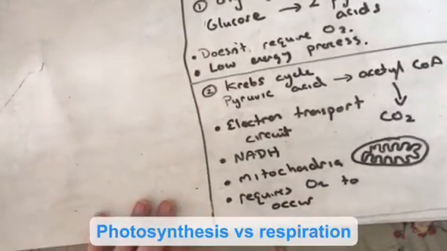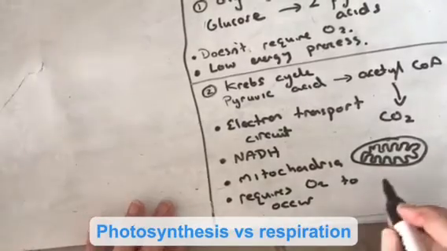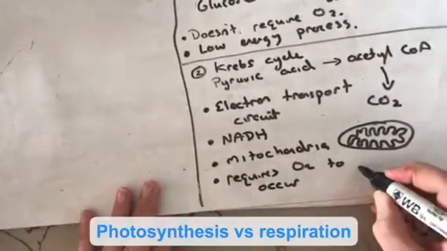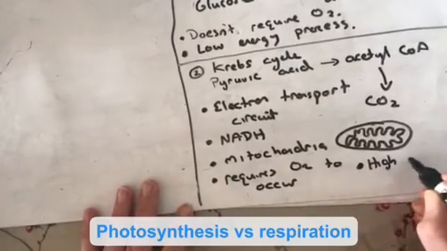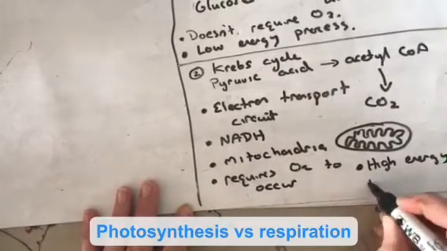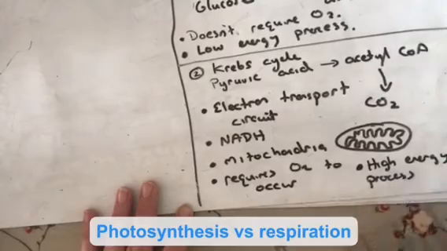So that is respiration, the 2 steps there. And finally, just one more thing before I forget: it's a high energy process, so it produces lots of ATP. It's where most of the energy is released from that glucose molecule. Hopefully that is clear enough.